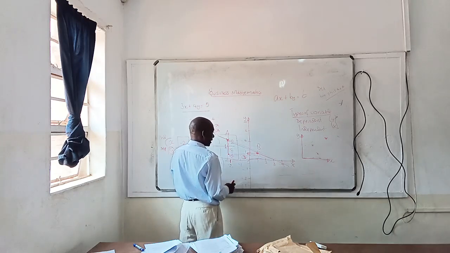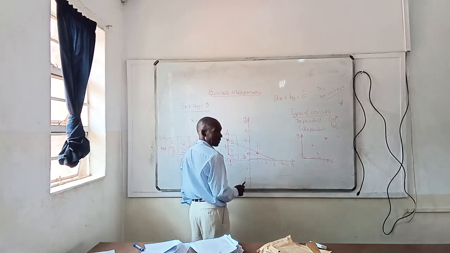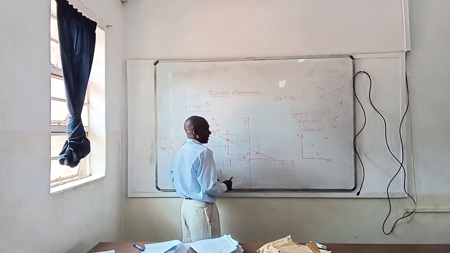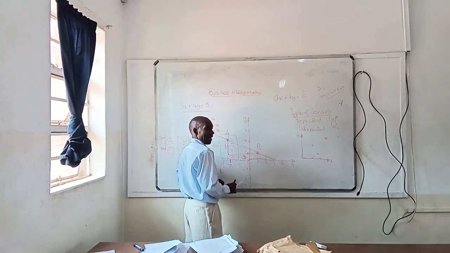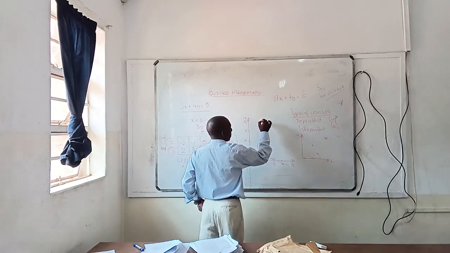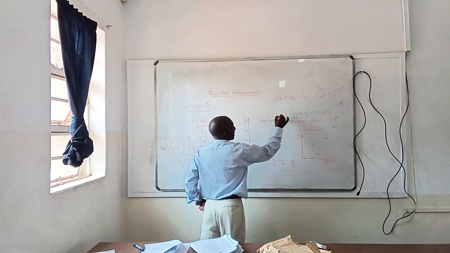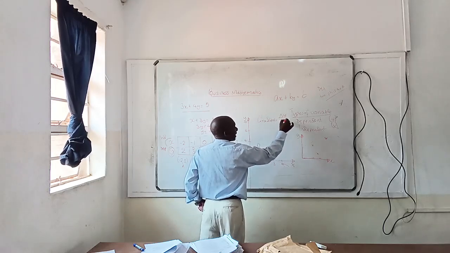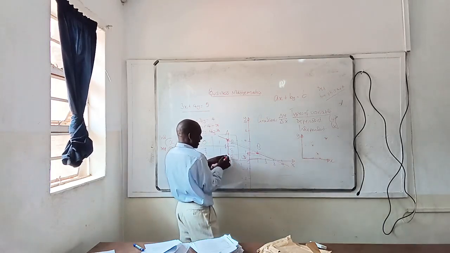How do you get the gradient? Gradient is change in what? Change in y over change in x. Now, what is the change in y?